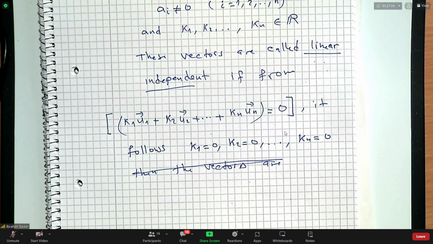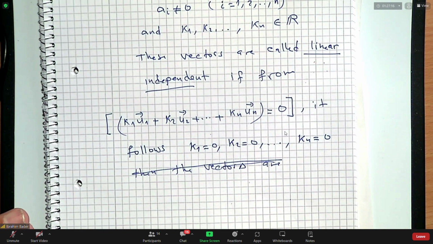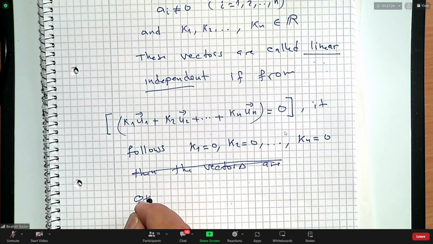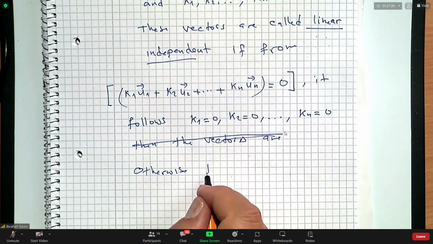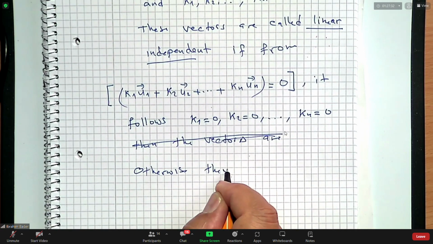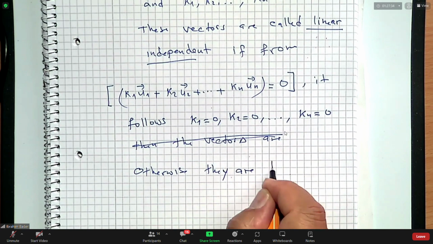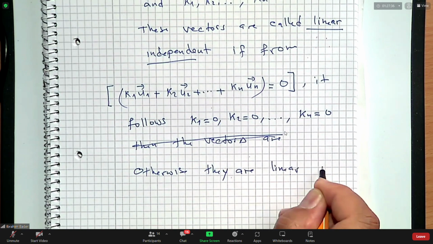So if this is the case, then the vectors are linear independent. Of course, if this is not the case, otherwise they are linear dependent.